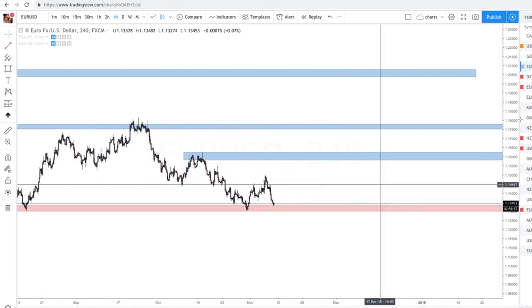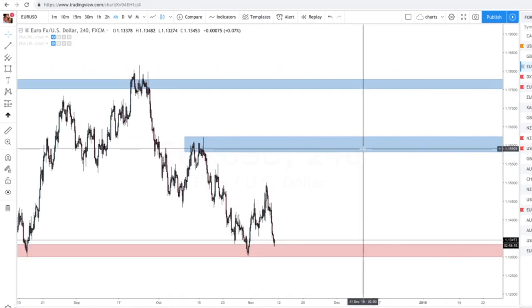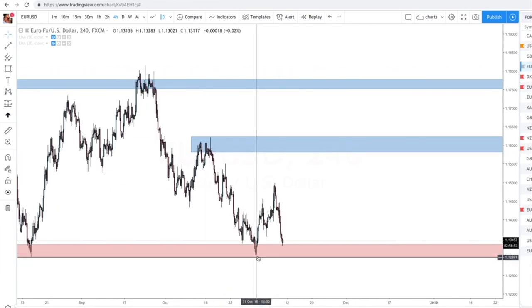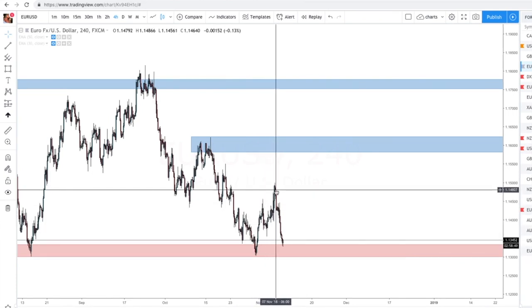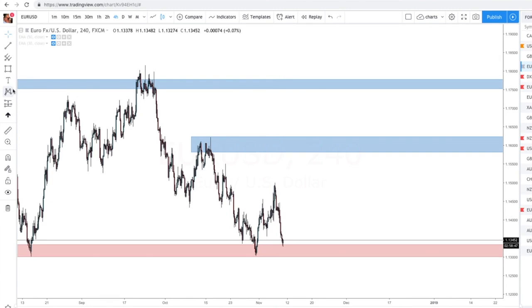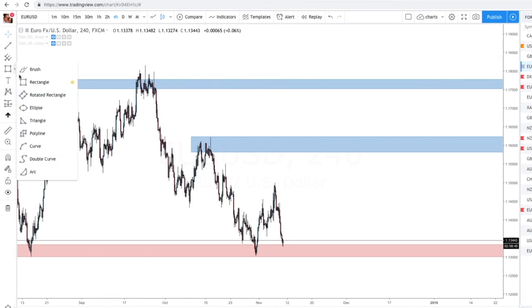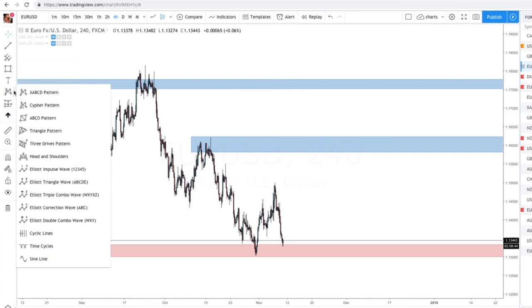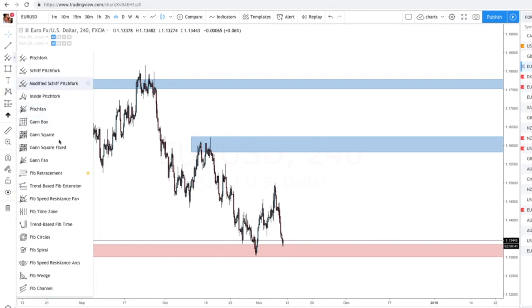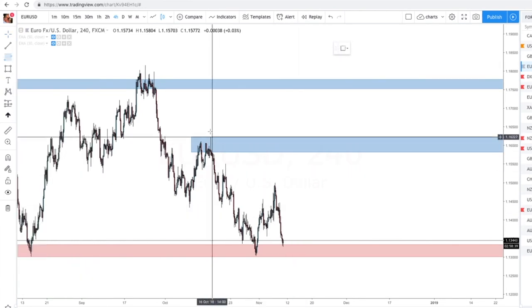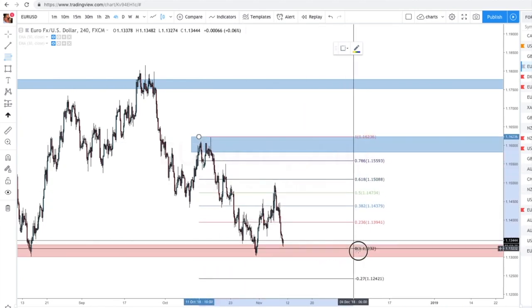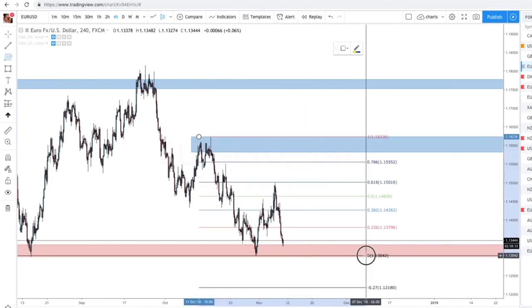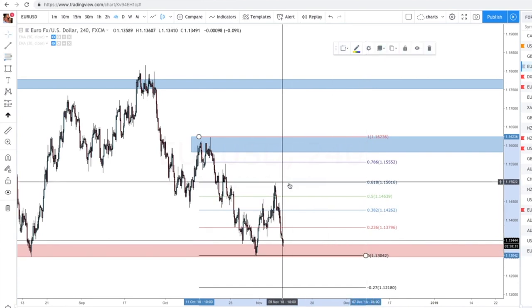So this was a good entry because price came down, tested this, went back up, did a pullback, went back up, and then shot down again. And if we mark up our fibs, lower high to lower low, it rejected right at the 61.8.